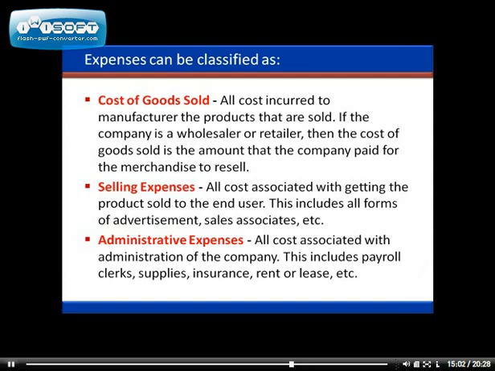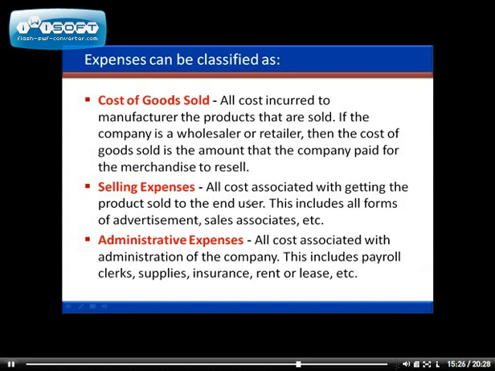If the company is a wholesaler or a retailer, then the cost of goods sold is the amount that the company paid for the merchandise to resell. That will be classified as cost of goods sold in that respect. And cost of goods sold, depending on what type of business it is, can be different.